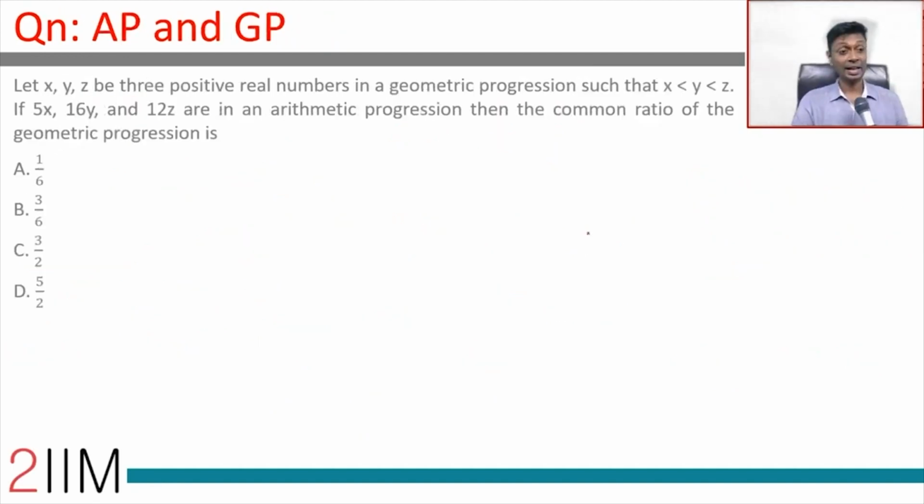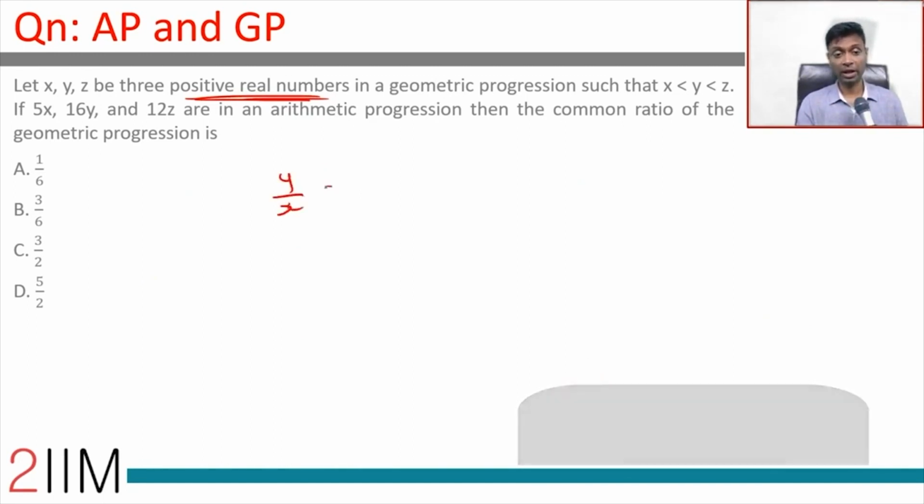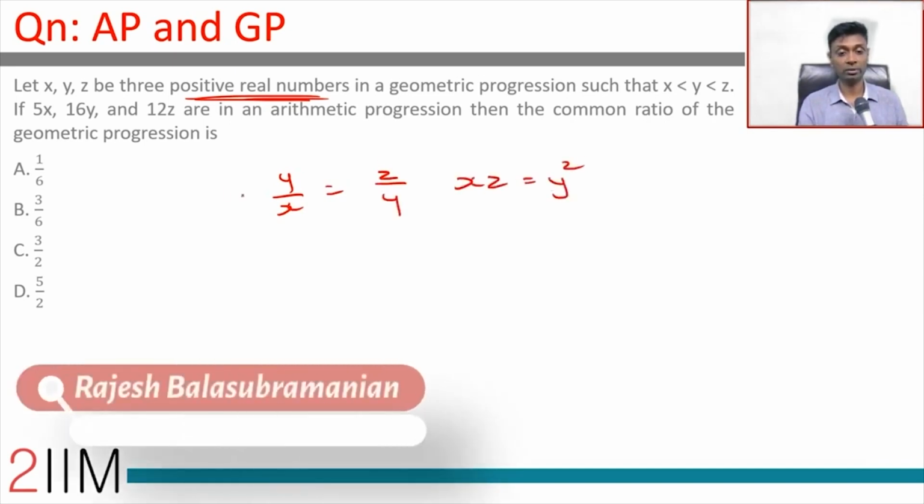Otherwise, wonderful question. Let x, y, z be three positive real numbers in geometric progression. Lovely, positive real numbers. That usually simplifies questions. In a geometric progression such that x less than y less than z, y by x equals z by y, so xz equals y square. This is a common ratio. 5x, 16y and 12z are in arithmetic progression.